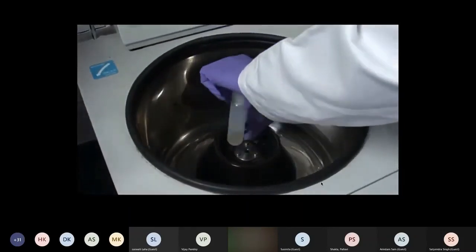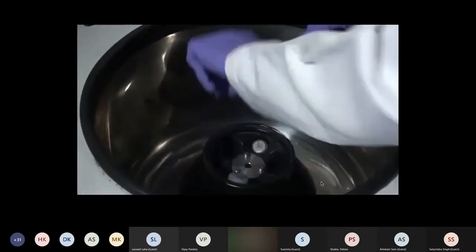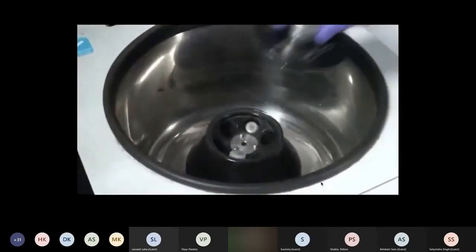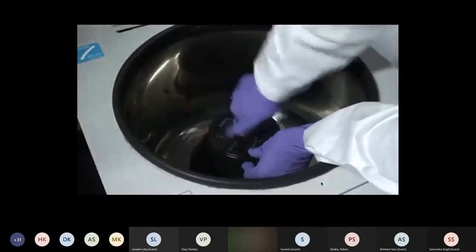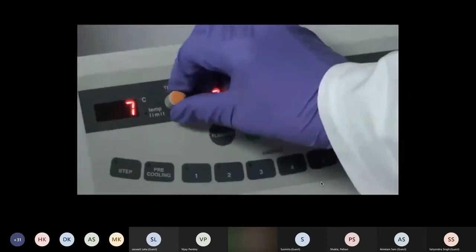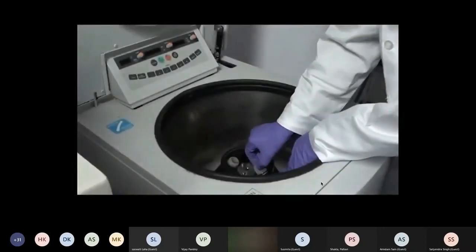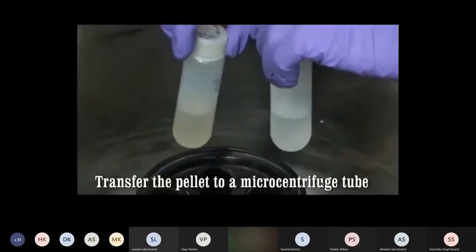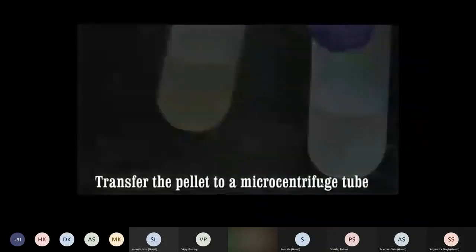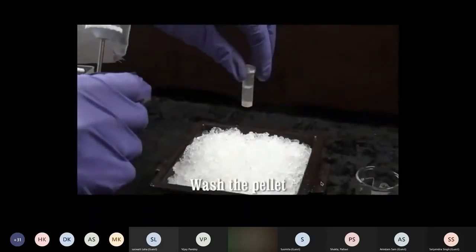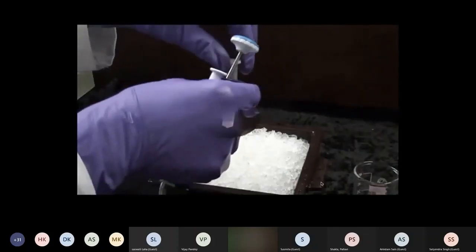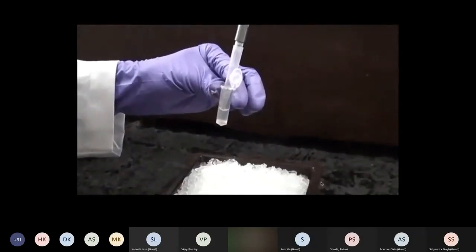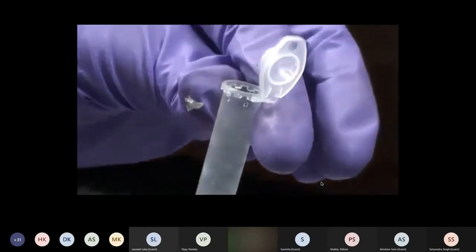Centrifuge this tube at 12,000 RPM for 10 minutes, maintaining a temperature of 4 degrees Celsius. Transfer the pellet obtained containing intact bacterial cells to a fresh microcentrifuge tube. Wash this pellet thoroughly with phosphate buffer to remove any unwanted debris.